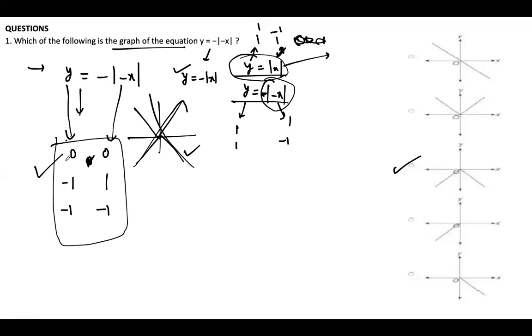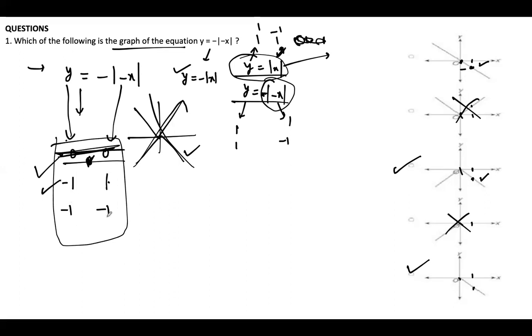Talk about these 3 points. See, x is 0, y is 0: possible, possible, possible, possible. Okay, not relevant. When x is 1, y is minus 1: relevant, not relevant, relevant, not given. So 3 graphs relevant.